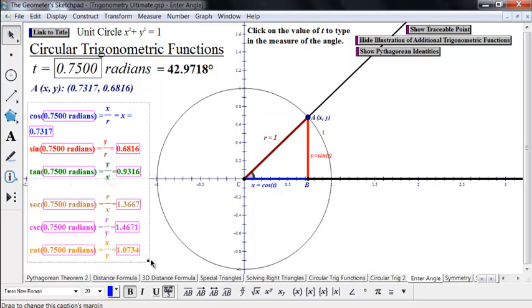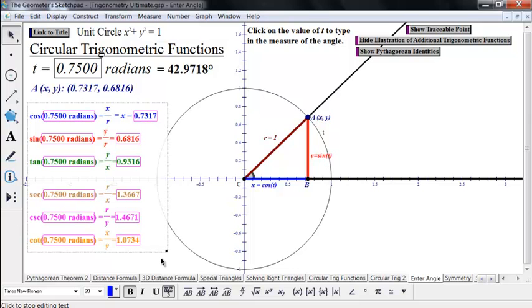You can see that's about 0.73. And here we get y over r, which in this case is just y, since r is 1. And then tangent is y over x, which is 0.9316.